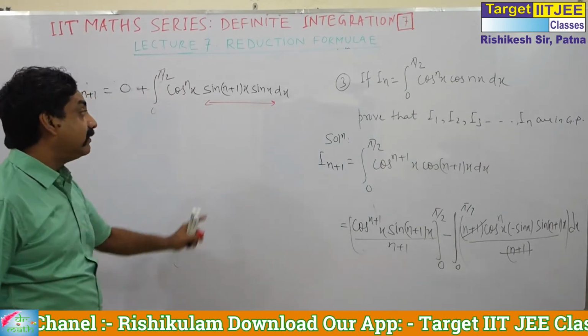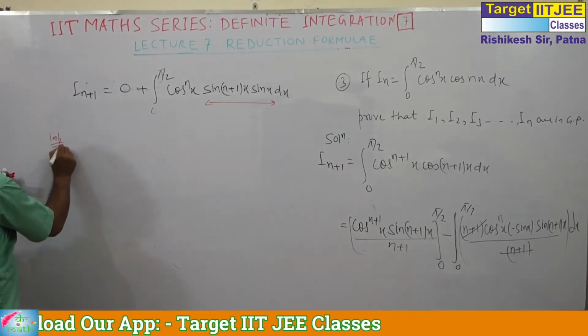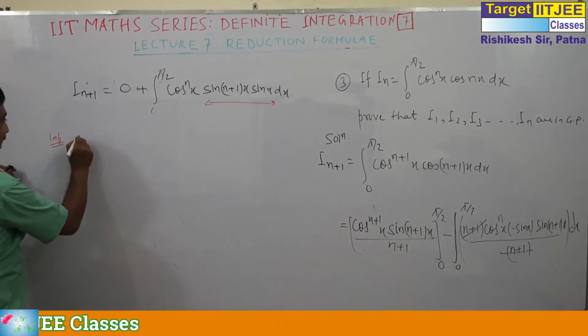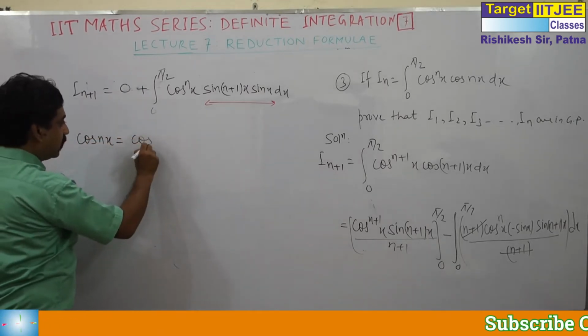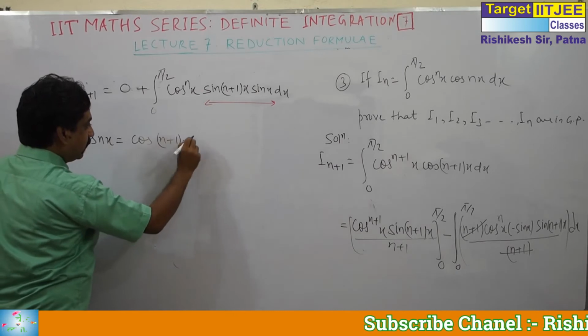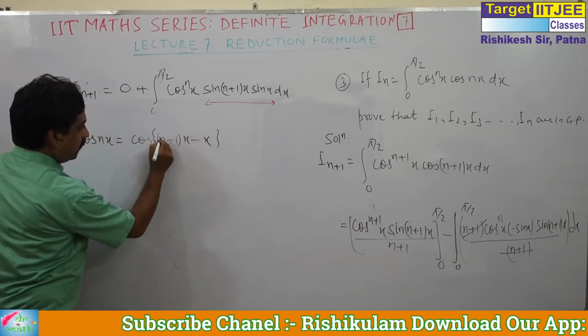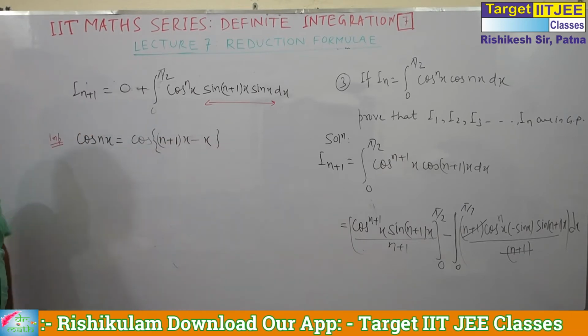So how do we deal with this? That is very interesting, very important. Actually, we can write cos nx as cos((n+1)x minus x).